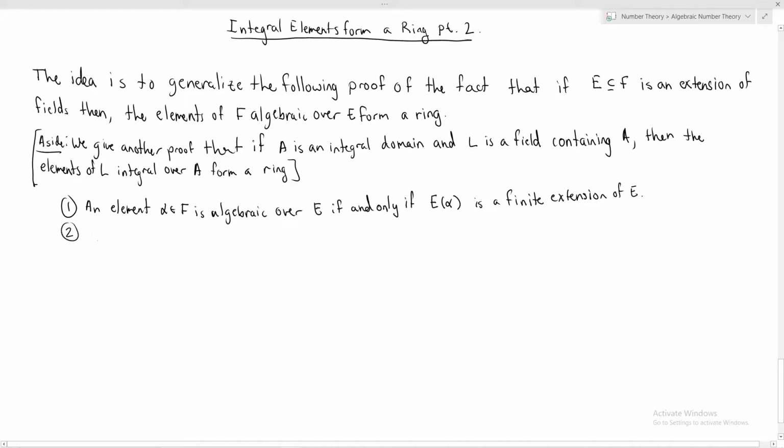2. The second useful fact about this is that finite extensions are transitive. I guess the condition of being a finite extension is transitive. What do I mean by this?